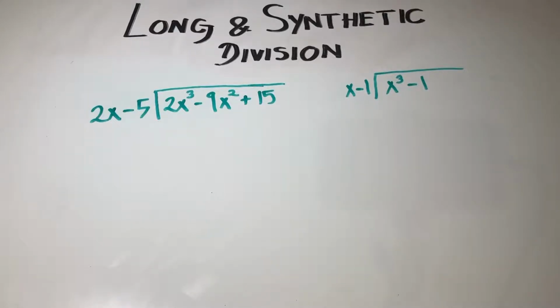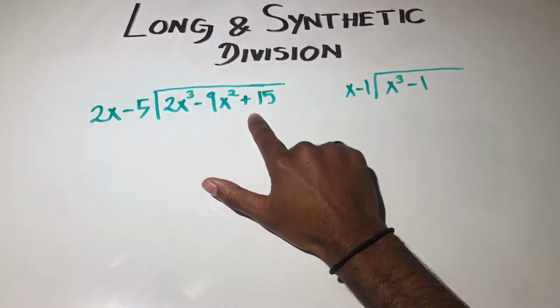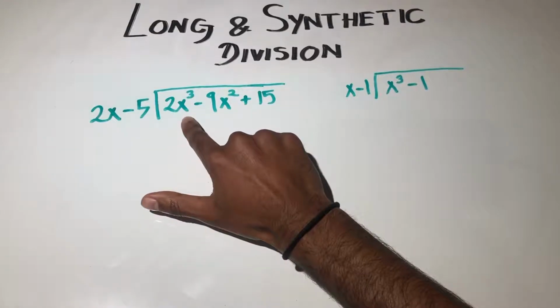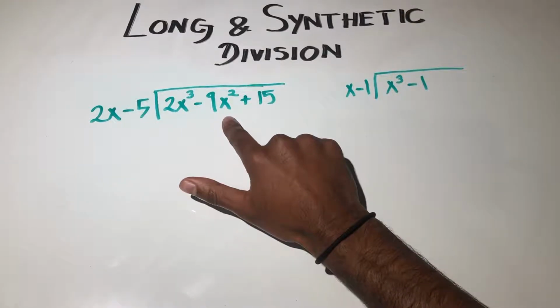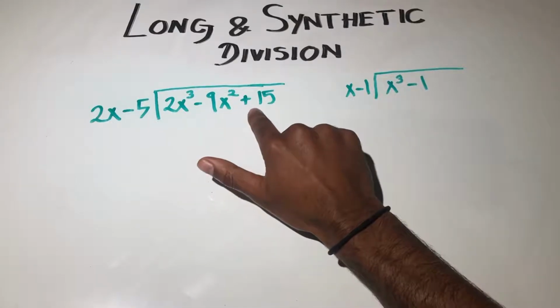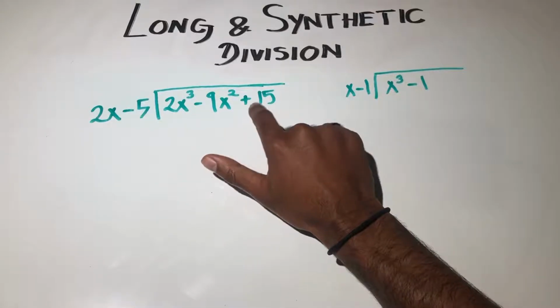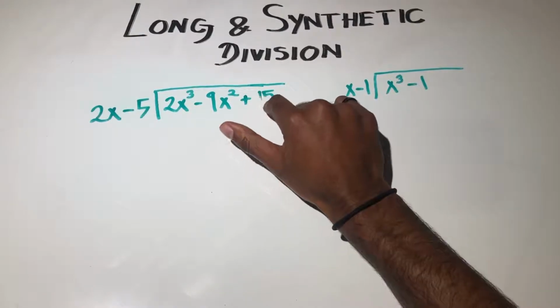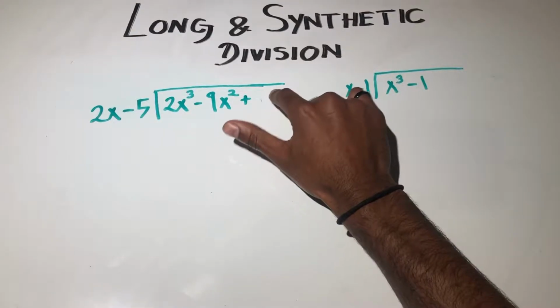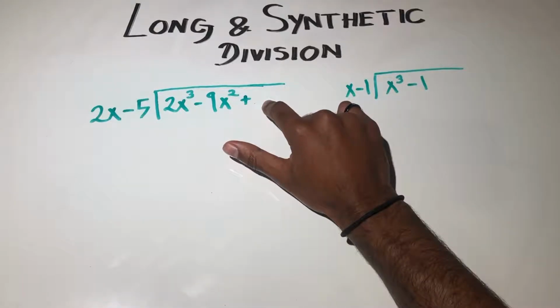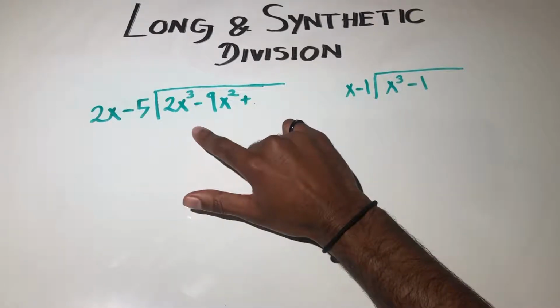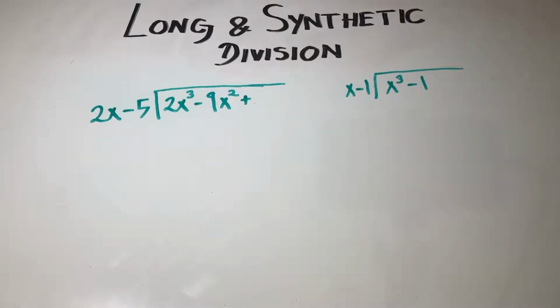So what you should do here is notice how there's an x term missing. We have 2x cubed, to the power of 3, then we have x squared, to the power of 2. Before you divide, you have to make sure that there's another term here to the power of 1, before solving this problem.